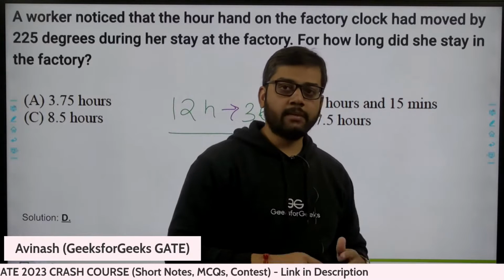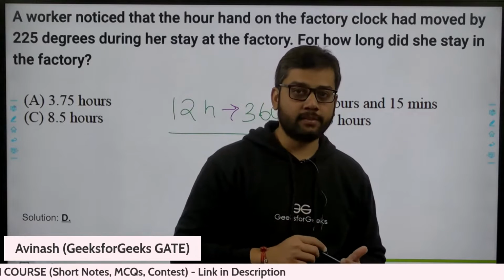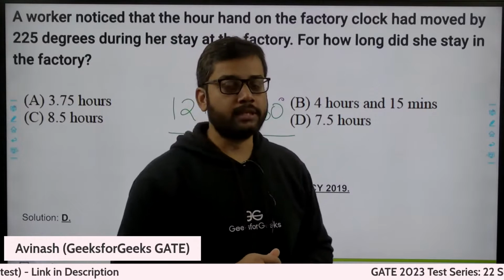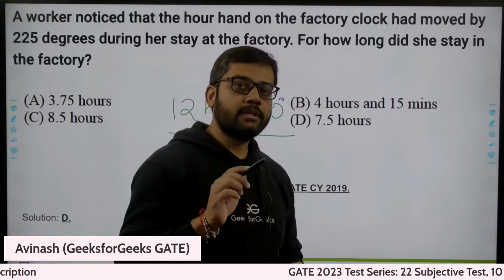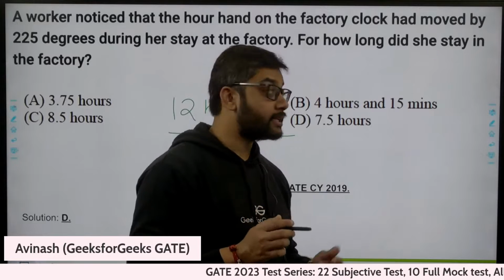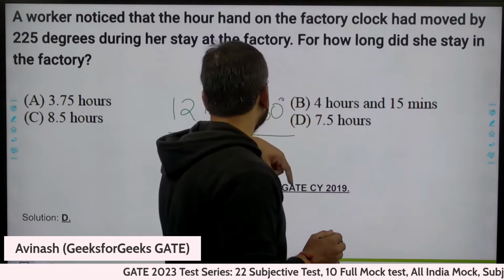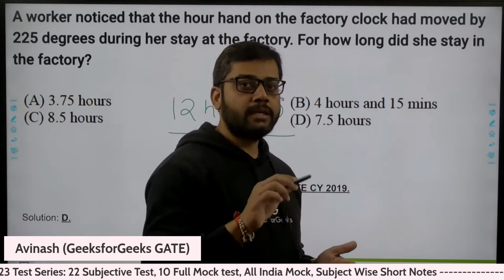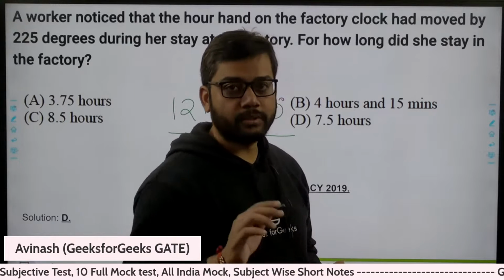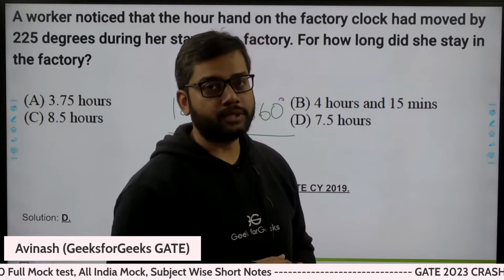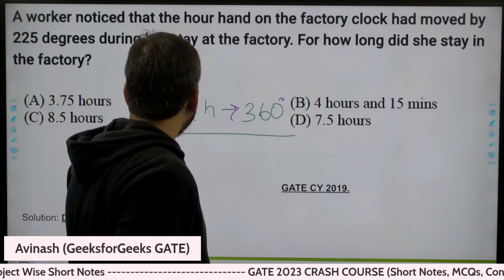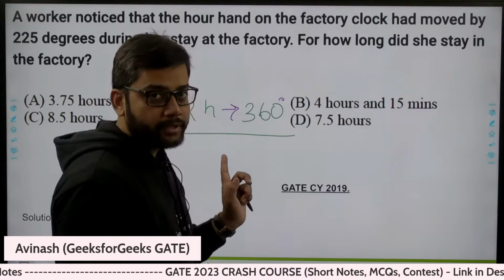You can also think of the minute hand: in 60 minutes, the minute hand covers 360 degrees. In 60 seconds, the second hand moves 360 degrees. So in the case of the hour hand, it takes 12 hours to complete a 360 degree revolution. Now what they are saying is the hour hand just moved by 225 degrees.